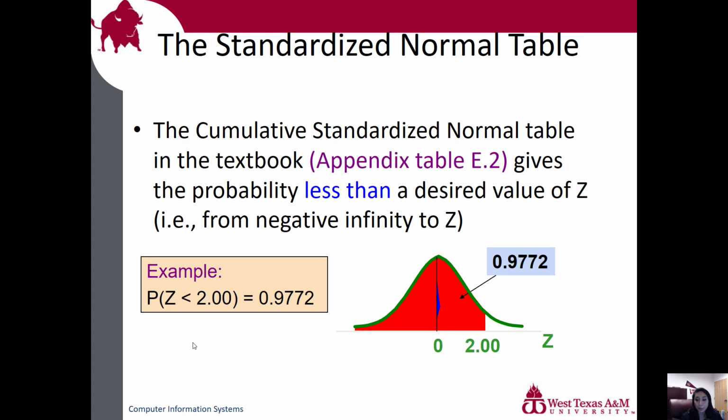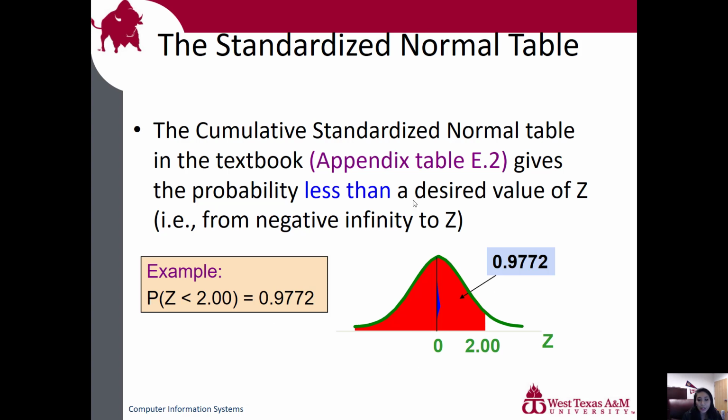So, for example, if I want to know what's the probability that you might see someone score an IQ less than 130, or less than a standard deviation of 2, then we would look this up in the table, and it would give us this probability here. So this area under the curve, here's a z value of 2. And what's this probability? That's 97.72%.